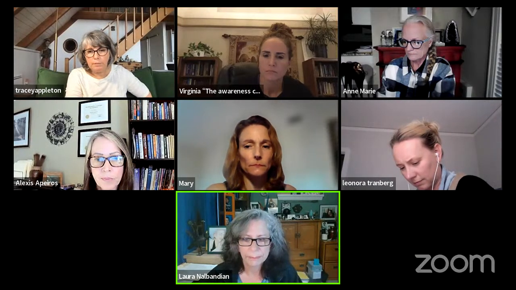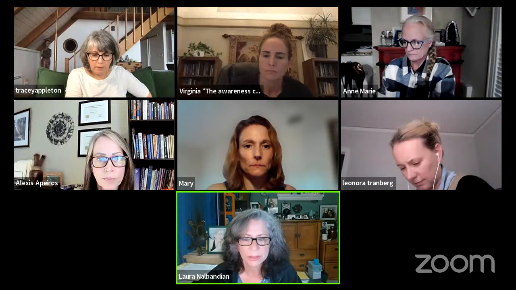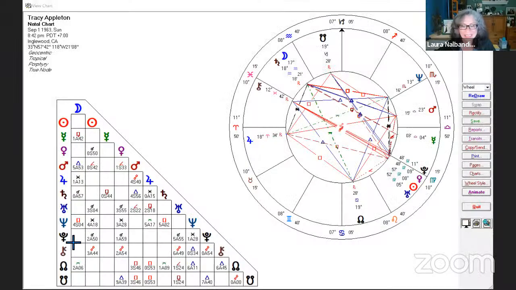So this grid right here is really handy. So are the lines in the chart. For instance, on your Pluto Neptune, it's showing a sextile and the orb is 1 degree 28 minutes.